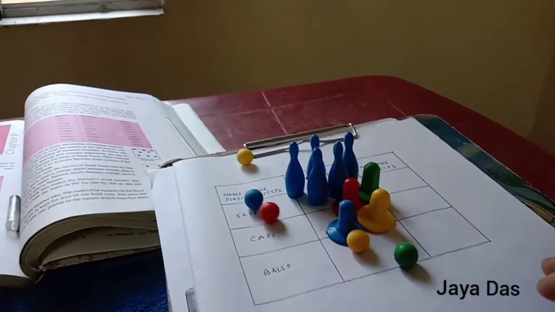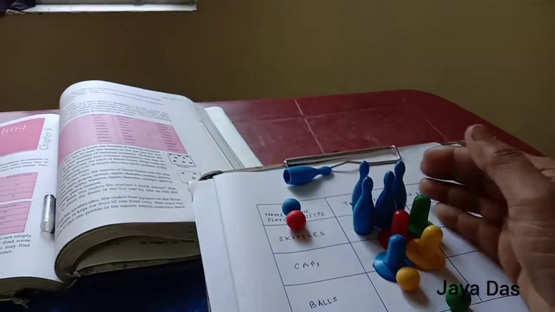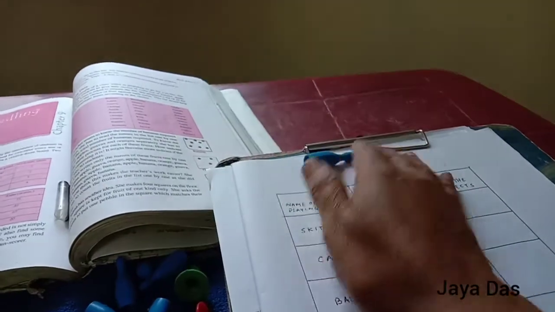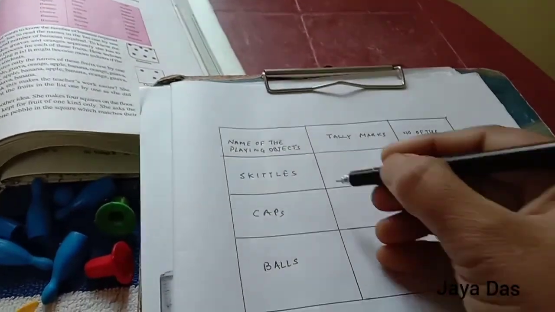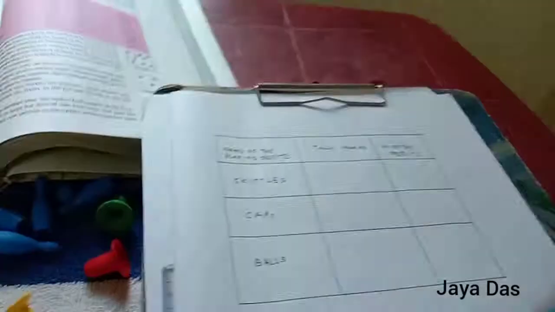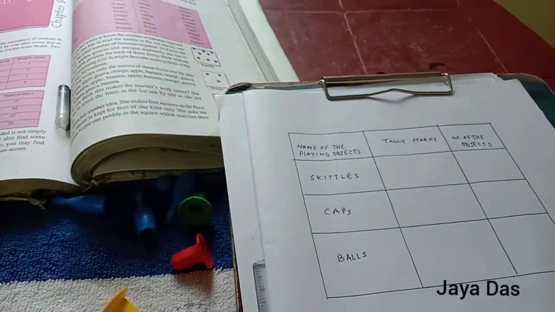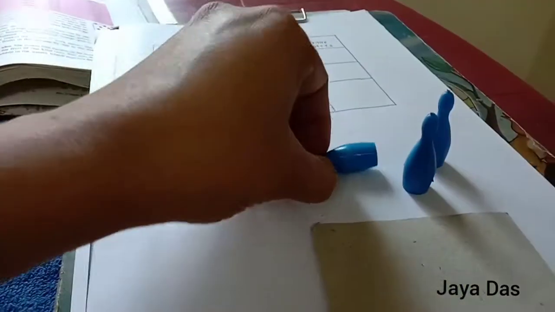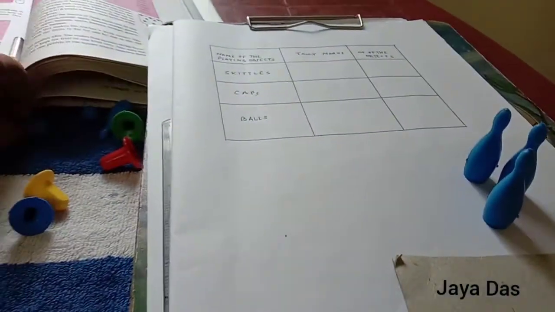Now what will we do? We will write them in tally marks. How to use tally marks? How many skittles have you seen? 1, 2, 3, 4, 5.